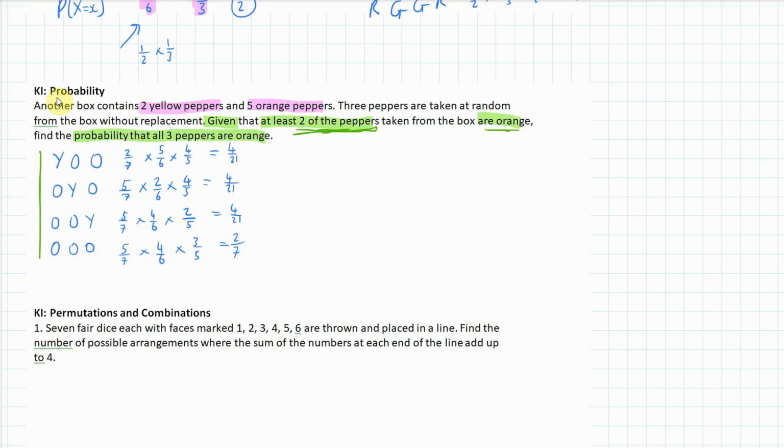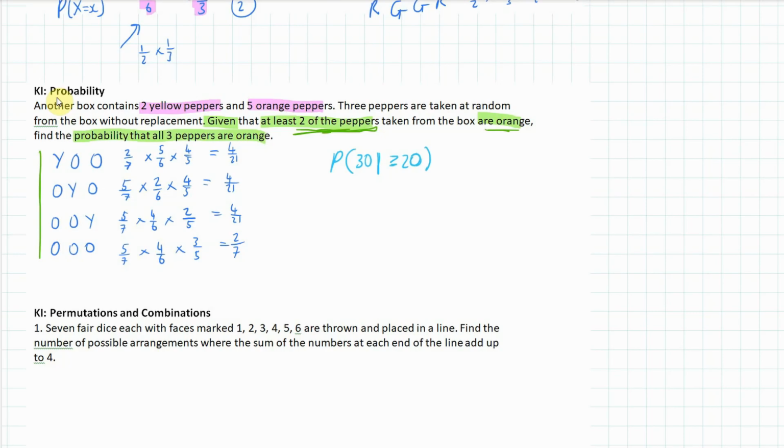Now the question says, given that at least 2 of the peppers are orange, find the probability that all 3 are orange. So I'm going to say 3 orange given greater than or equal to 2 orange. I don't know if that's a very good way of writing it, but just to think about it, that's what I'm doing.